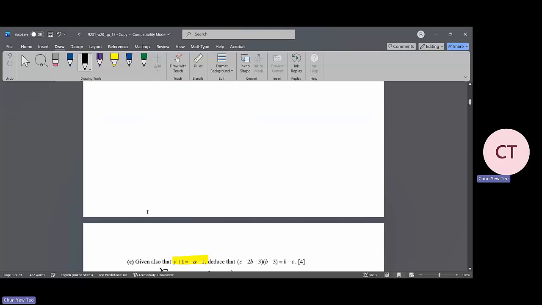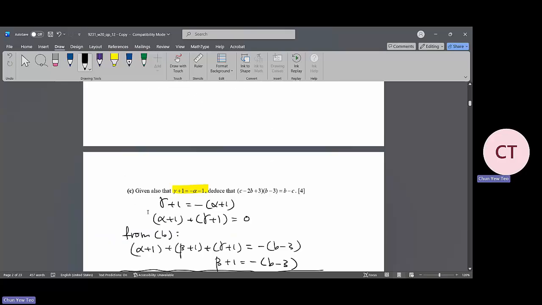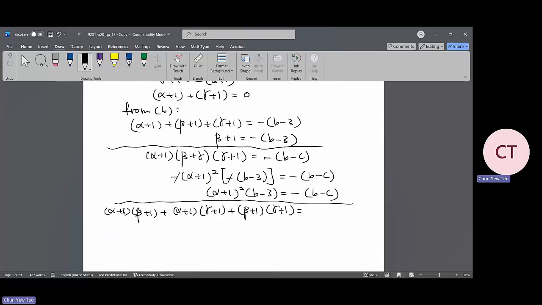This will be equal to the value here, 3 minus 2a plus c. I call this one equation 1, I call this one equation 2. Then this one is 3 minus 2a plus c.